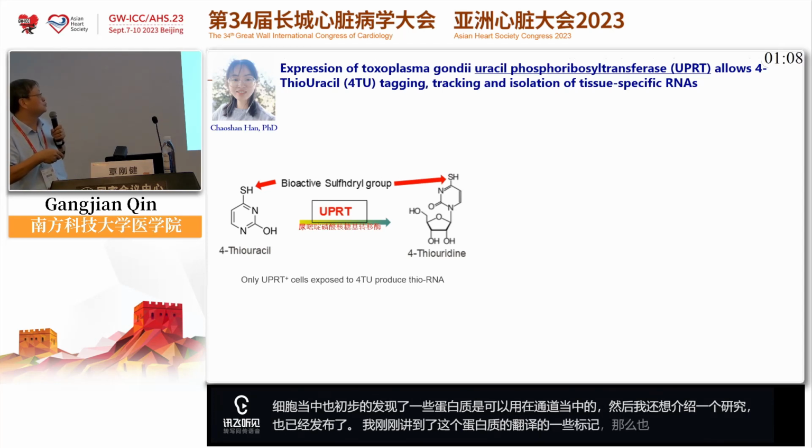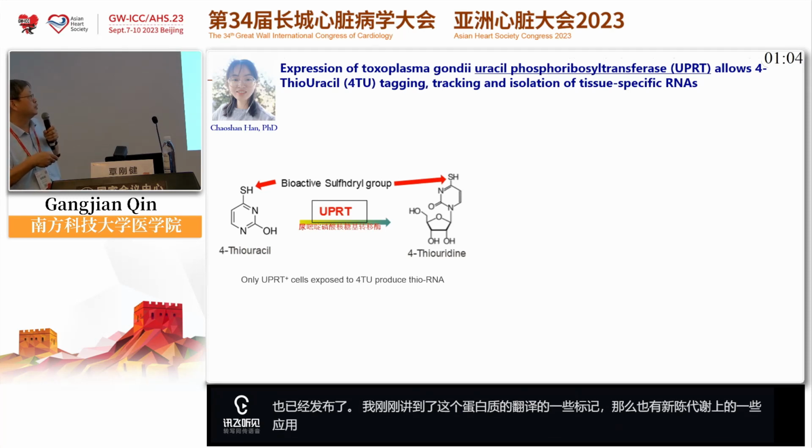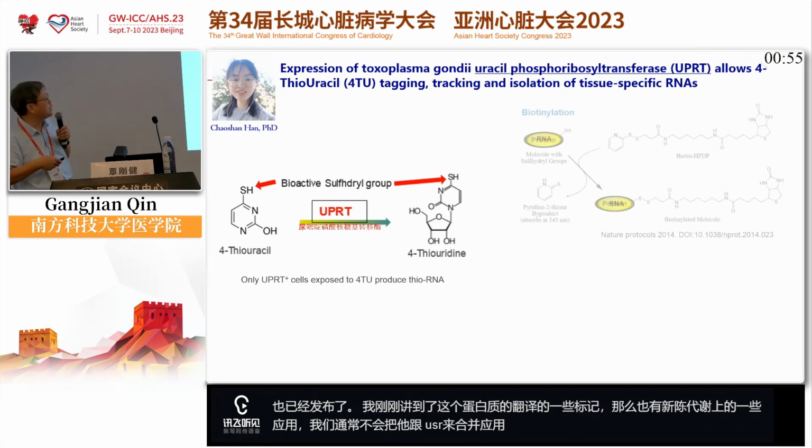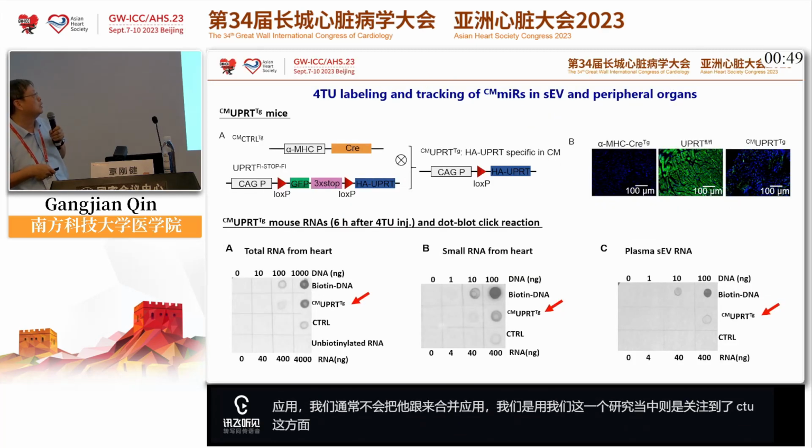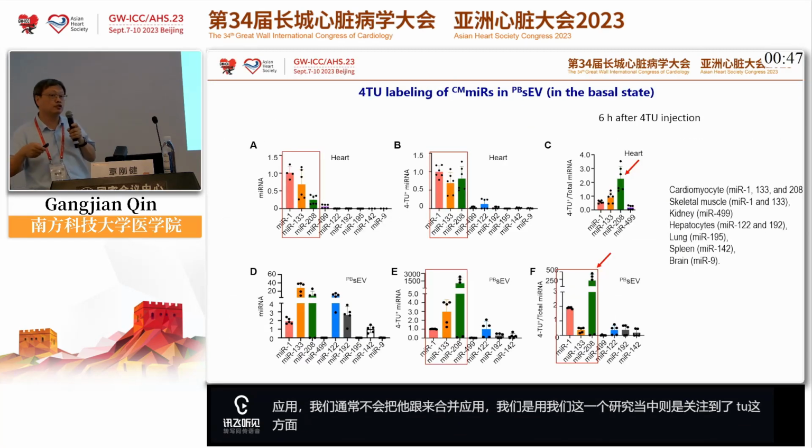RNA normally does not incorporate 4-thiouracil, but with transgenic expression of this enzyme, they are able to incorporate 4-TU into newly synthesized RNA. These RNAs can be picked up by click reaction or by SLAM sequencing. So we were able to identify the tissue-specific RNA from the exosomes.